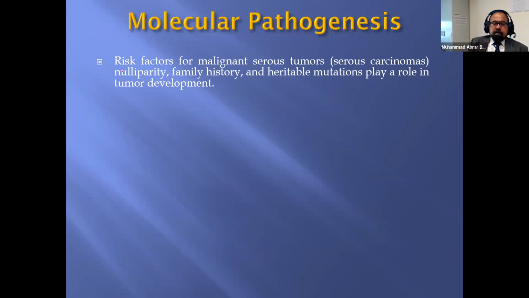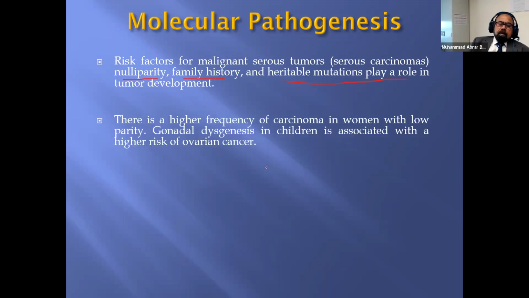One is the risk factors for malignant serous tumor: nulliparity, number one; family history and heritable mutation also play a role in the development of the tumor. They say that there is a higher frequency of carcinoma in women with low parity. What do you mean by low parity? It means fewer children if the female is married.